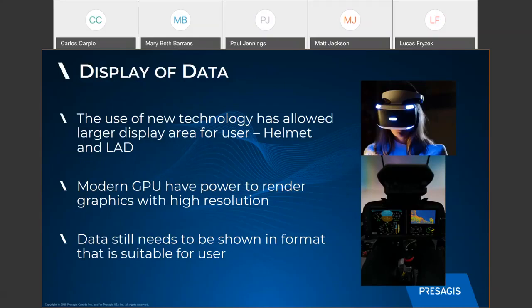So these things are now available, and modern GPUs have the power to shift enough pixels and to render those scenes in these situations. However, the data still needs to be in a format that's suitable for the user. We don't want information that's irrelevant, cluttering and overloading the workload. So we do still need to think about how we present that data.